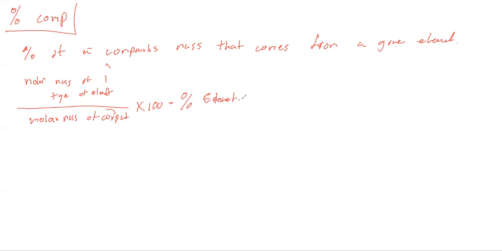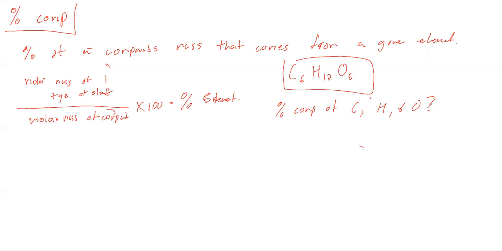So let's say we have C6H12O6. Now I want to say, what is the percent composition, so percent comp of carbon, hydrogen, and oxygen? Well, my first step is I have to find the molar mass of the compound.